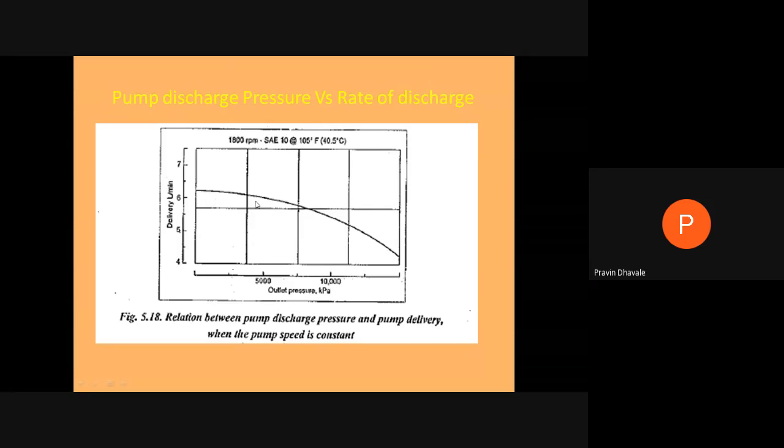This is what this graph indicates at a lower delivery. As we are decreasing the discharge pressure, at that time we are increasing the delivery from the pump. Meaning when the discharge pressure is less, the delivery from the pump will be more.